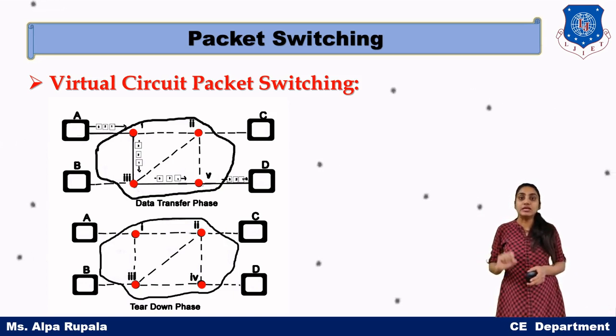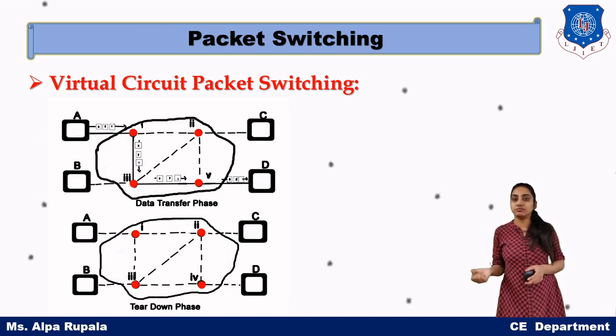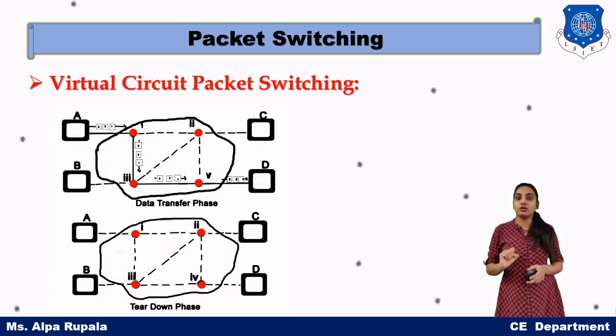So the disadvantage of datagram packet switching, reordering, will be overcome. We don't require reordering because our data is transmitted by the same route and all the data is received in the same sequence. And it is not a dedicated connection.